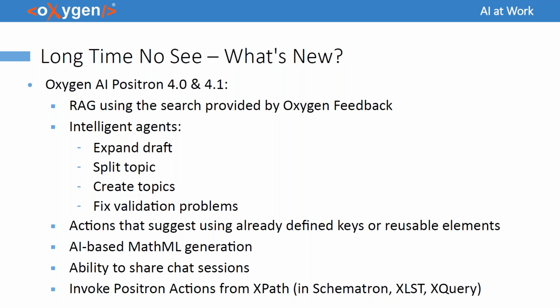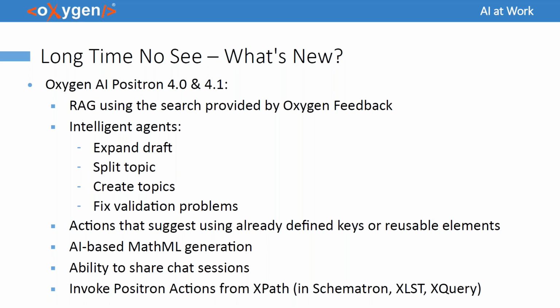You can now share a chat session, which is helpful for debugging purposes for those who develop and for those who use prompts with Positron, and also when having a webinar and you don't want to wait for the AI to finish the answer. And I will use this feature today.